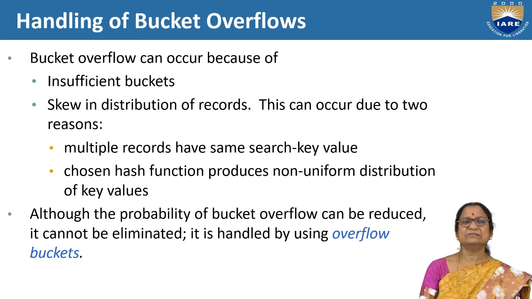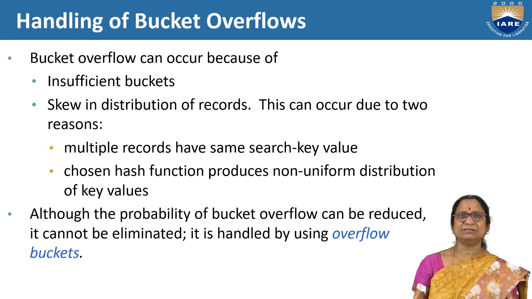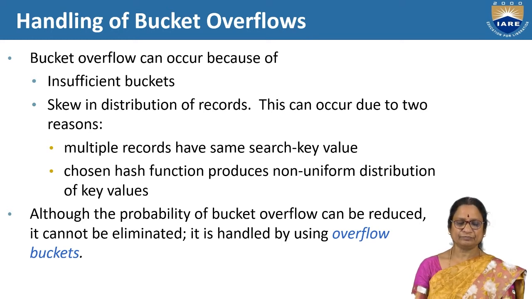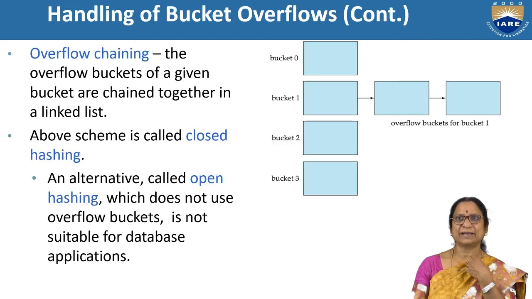Moreover, multiple records having the same search key value are assigned to the same bucket number. So the probability of bucket overflow can be reduced, but it cannot be eliminated in a static hash function. So it is handled by using overflow buckets.